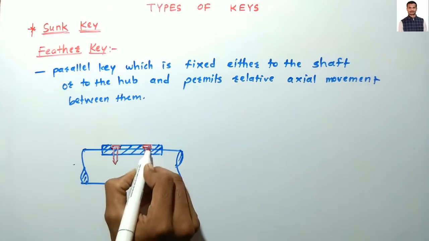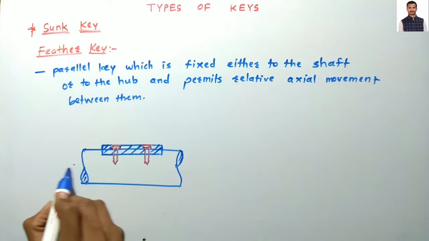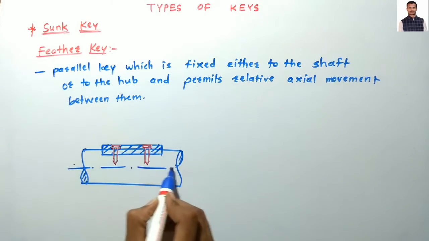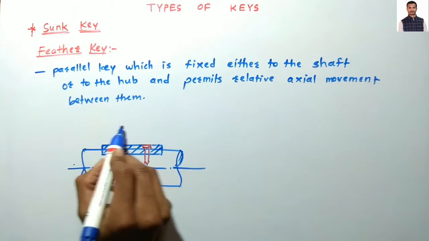So if these two are the tap screws, by using these tap screws, this feather key is fitted to the shaft. Now this is the hub.